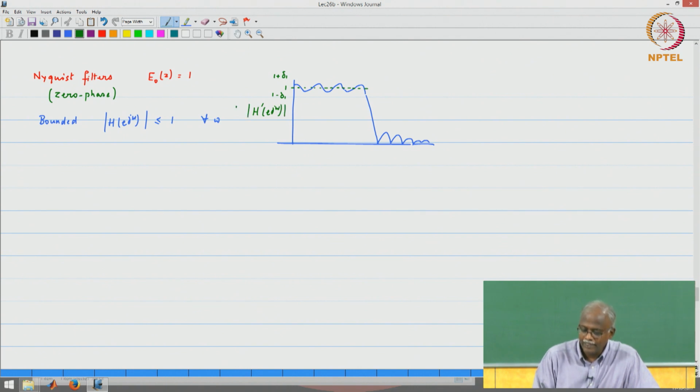Now if I did 1 over 1 plus delta 1, again we are going to do this type of manipulations in today's lecture. If this is the waveform that is given, then 1 over 1 plus delta 1 scaled He of j omega will always be less than or equal to 1 for all values of omega.